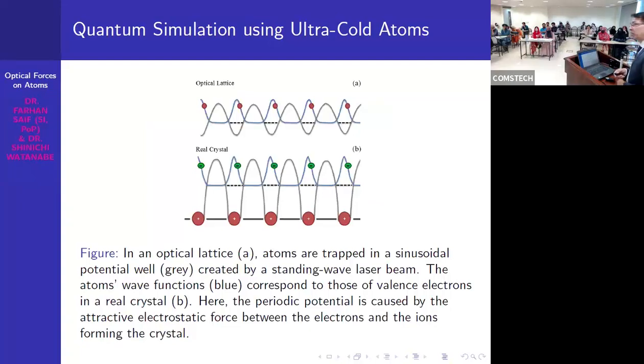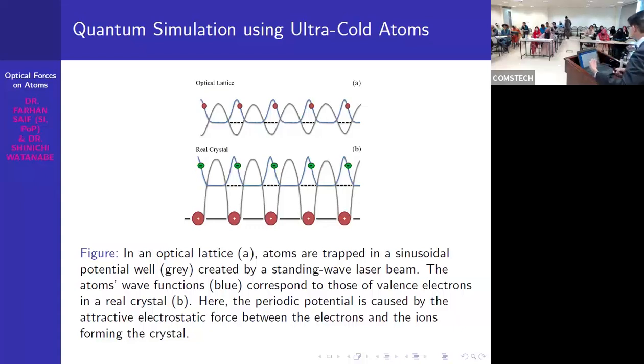The prototype is that of a conventional atomic structure or atomic crystal, where we use electrons. The electron goes from atom to atom, site to site, and we see an electron current propagating. Here we have atoms able to tunnel from one optical site to another optical site, and we see an atomic current going on.